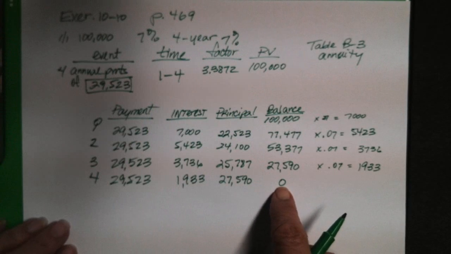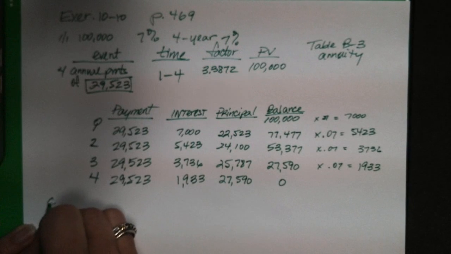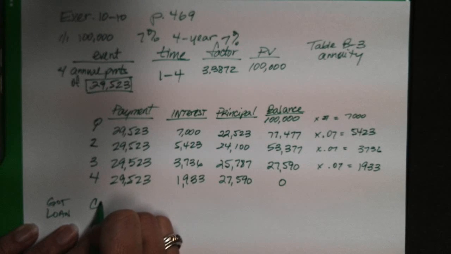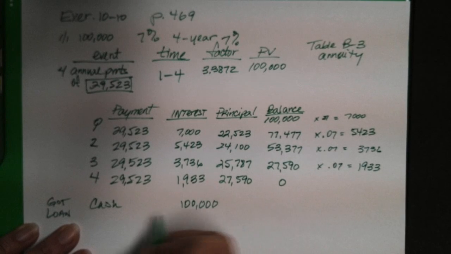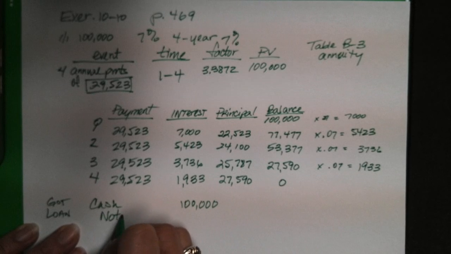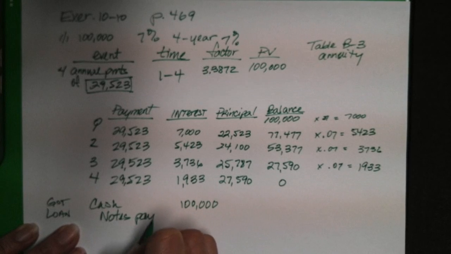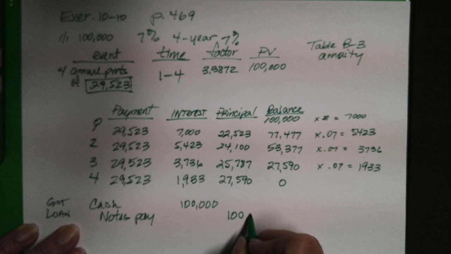So here's what happened. When we got the loan, we would have debited cash for $100,000 and credited notes payable for $100,000.